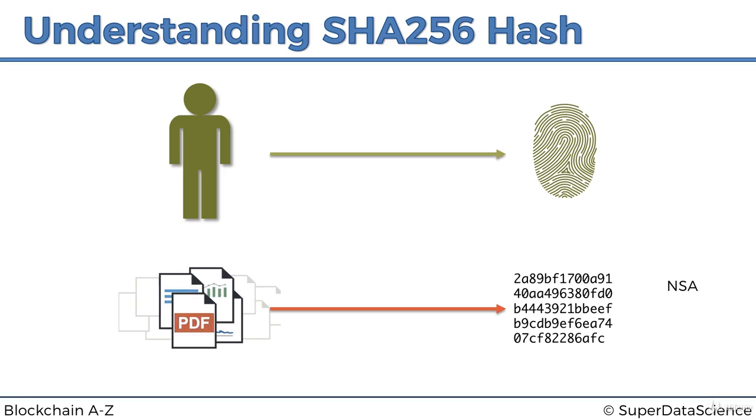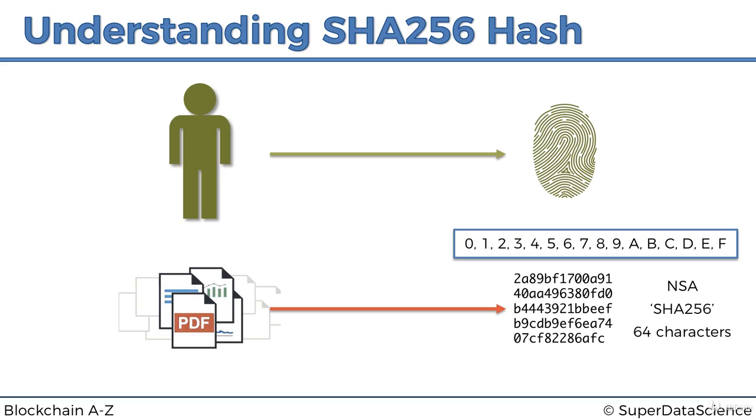SHA256 works. Now, this hash is called SHA256 because SHA stands for Secure Hash Algorithm, and 256 is the number of bits it takes up in memory. The hash is always 64 characters long, and it consists, as you can see, not just of digits, but actually of letters as well. That's because it's a hexadecimal hash.